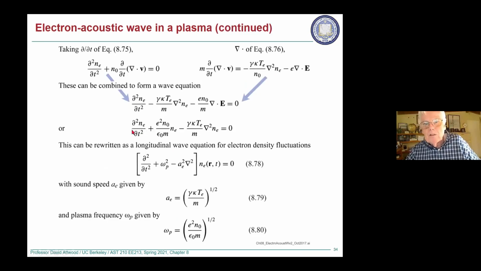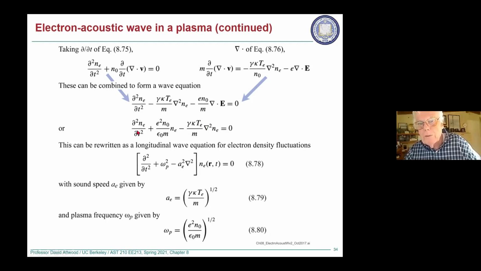It's a wave equation, actually. It has the second partial with respect to t of the electron density, some parameters that came from all this stuff times the electron density, and minus this thing, again, with the gradient squared. So the gradient squared is coming in here. So this is looking like a wave equation.